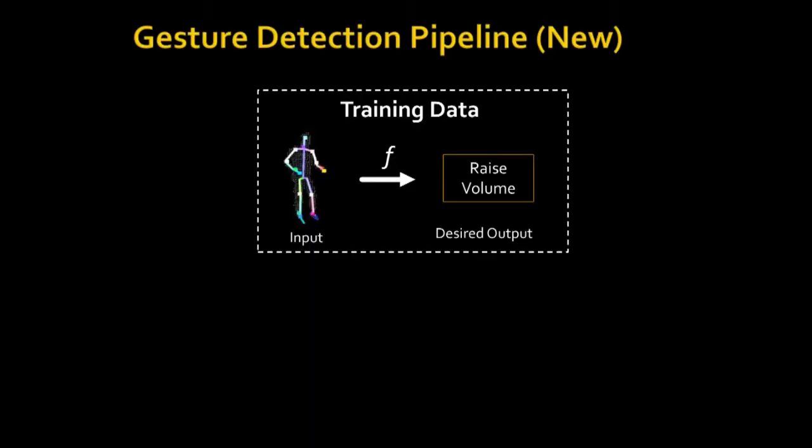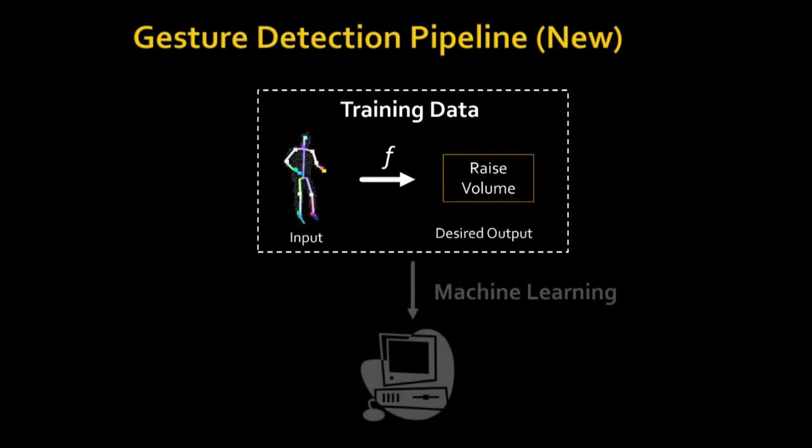Now, it would be great if you could do something in a more machine learning fashion, where you just collect training data, input and expected outputs, right? And then give it to a system, and then it could learn this mapping automatically. So what is the problem with recognizing gestures of everyone?